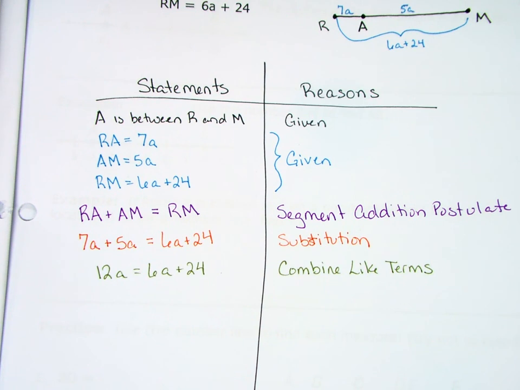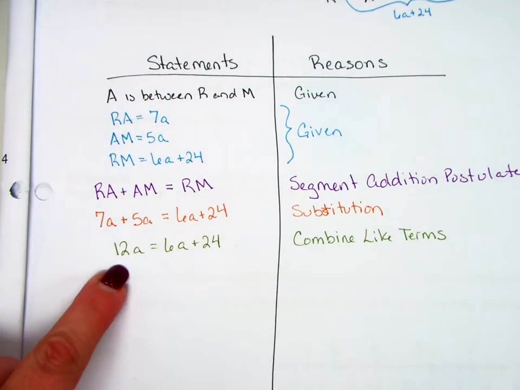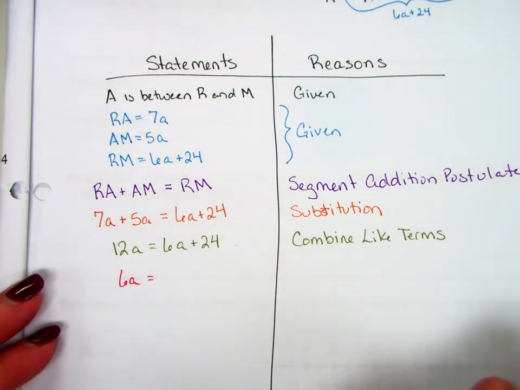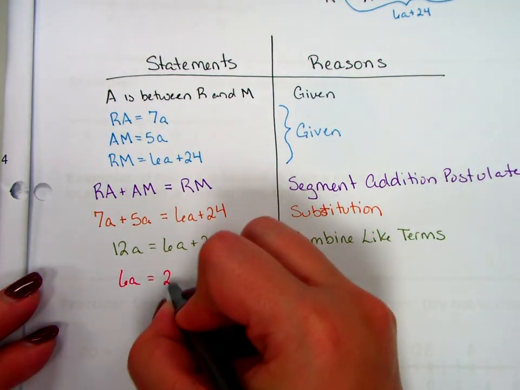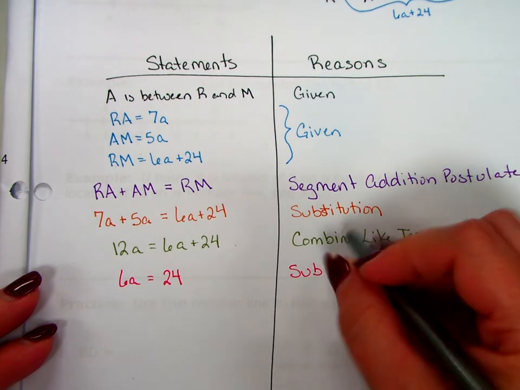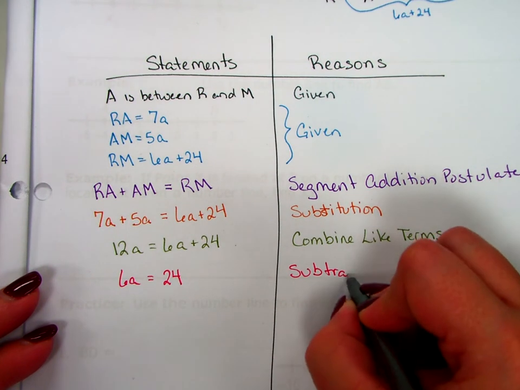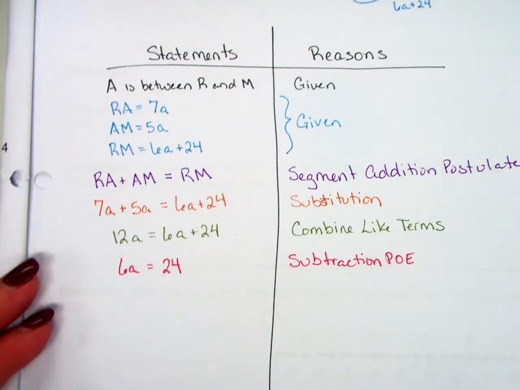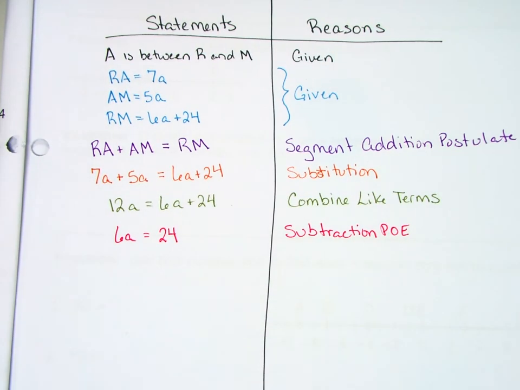Now what? Subtraction property of equality. What are we subtracting on both sides? 6A. So 12A minus 6A is 6A. 6A minus 6A is 0. And 0 plus 24 is just 24. We subtracted 6A on both sides. So subtraction property of equality.